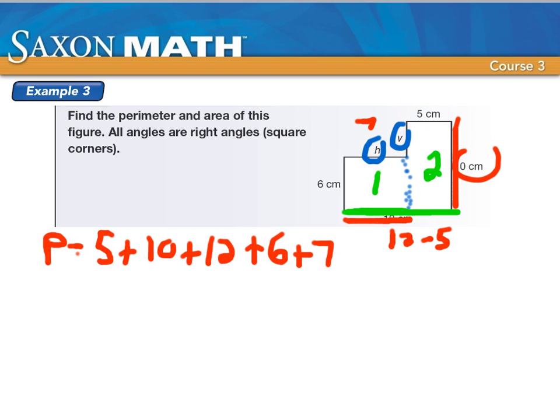So if I take 10 minus however much this is right here, then that should give me how much v is. Well, this much is 6. I know that because it's the other side of this rectangle. So this is 6, so 10 minus 6 is going to tell me what v is. And that's equal to 4. Okay, so I'm going to add 4.